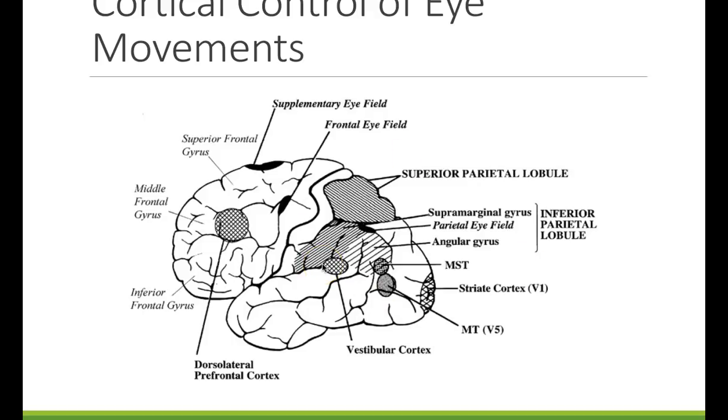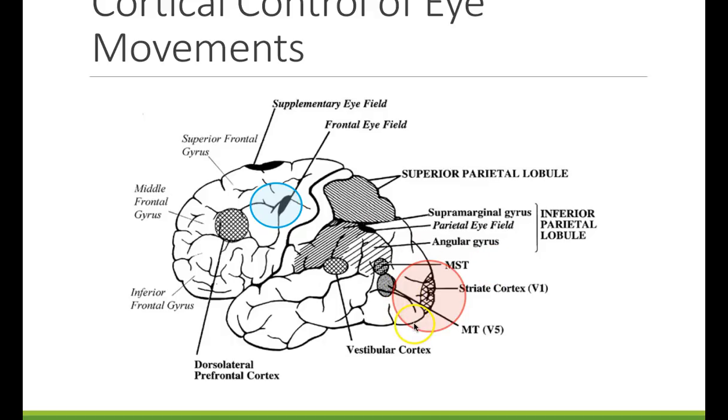Like we said, there are two major areas for the control of these eye movements. We have the frontal eye fields that are responsible for saccades, and the occipital lobes that are responsible for smooth pursuit. The way that you can remember this is that saccades are voluntary, and the frontal eye fields are in the frontal lobes, which are responsible for voluntary anything.